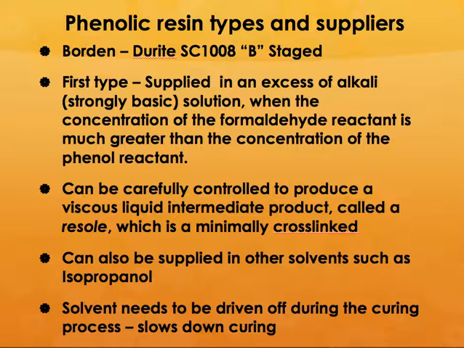So it will take you a long time for all the solvent to be removed completely. And then you have to remove the reactant products. It can be controlled to produce a viscous liquid of intermediate product. It's called a resol, and it is minimally cross-linked.